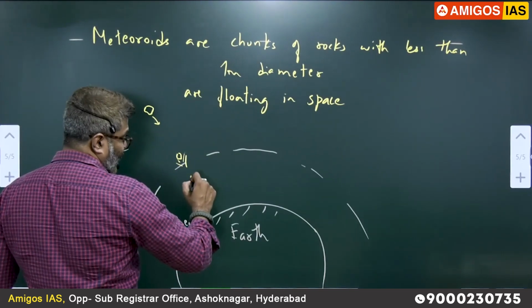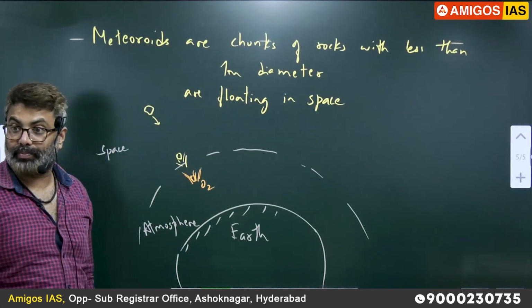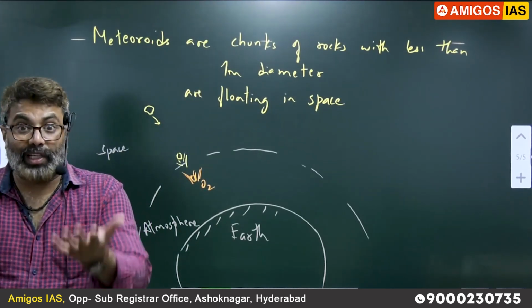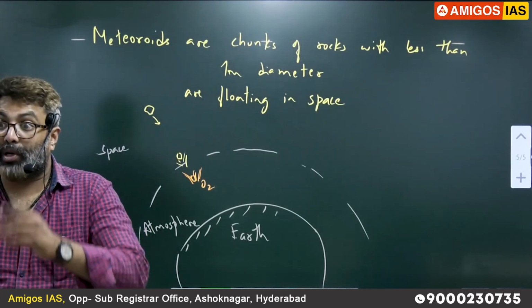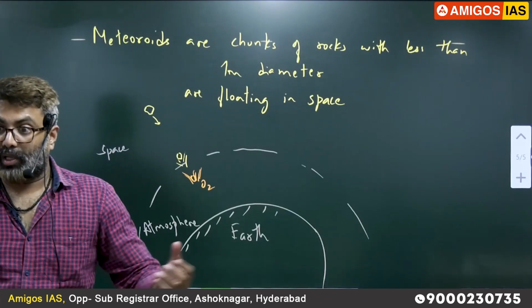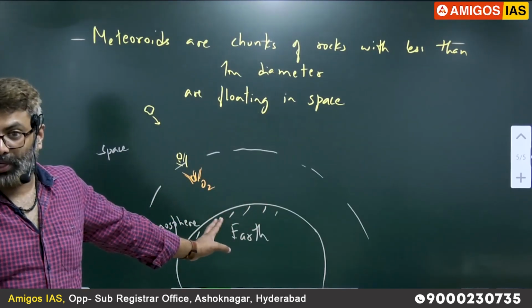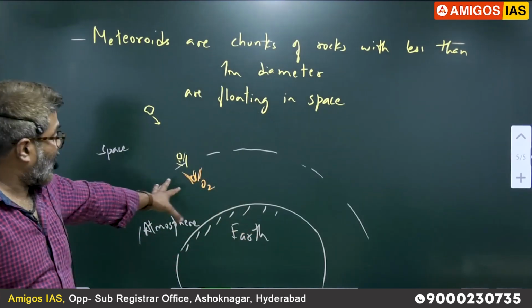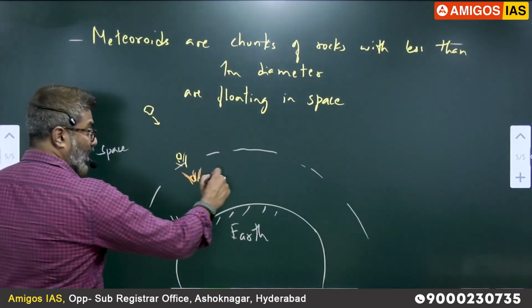Once it enters, it catches fire, because oxygen in our atmosphere is responsible for combustion. What is combustion? Burning, to catch fire. Without oxygen, will there be any fire? No. So for combustion you need oxygen. Then it starts burning and is called a meteor.